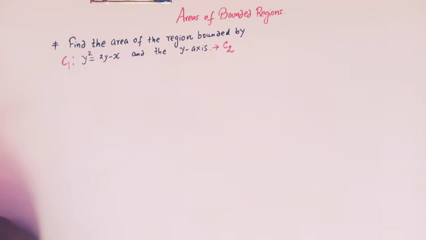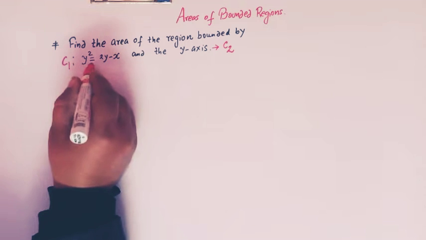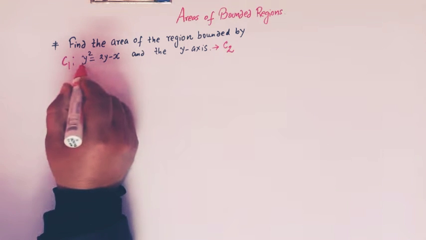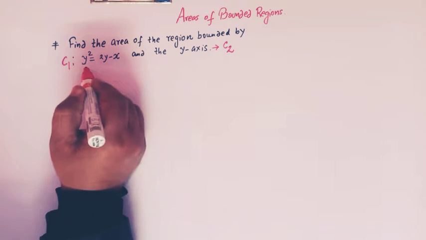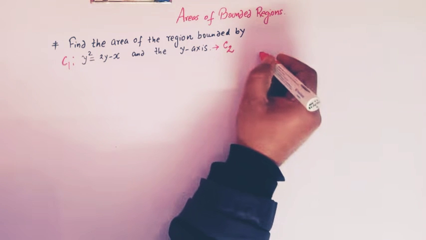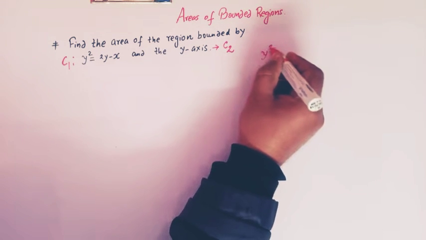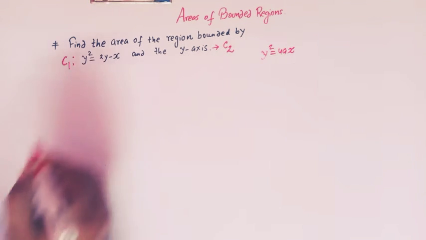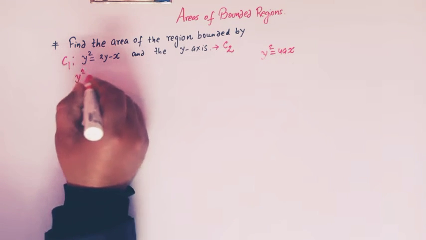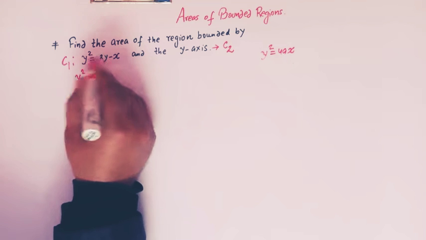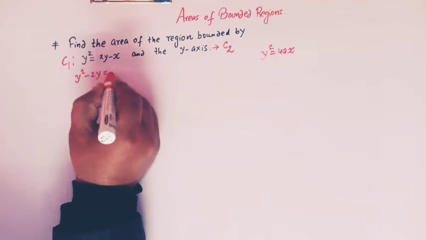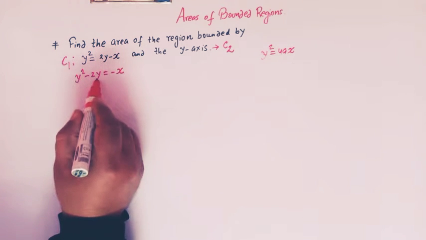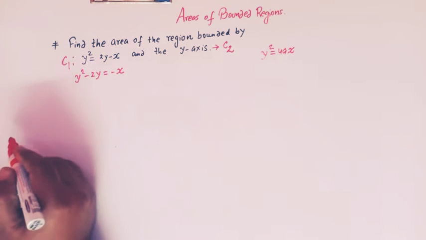So let us start. First of all, let us take the curve C1 and convert this equation into the standard form of the parabola, that is y square is equal to 4ax, right? So here we have y square, and we can take this 2y to this side, so we have y square minus 2y is equal to minus x.